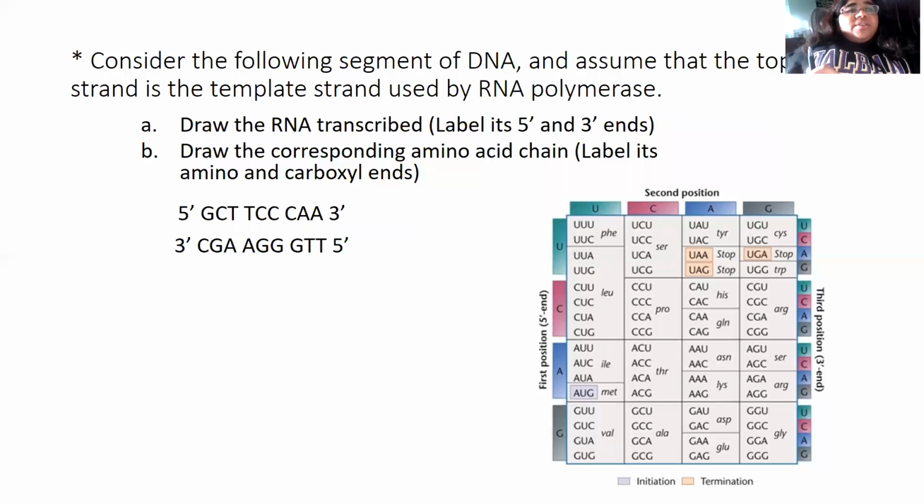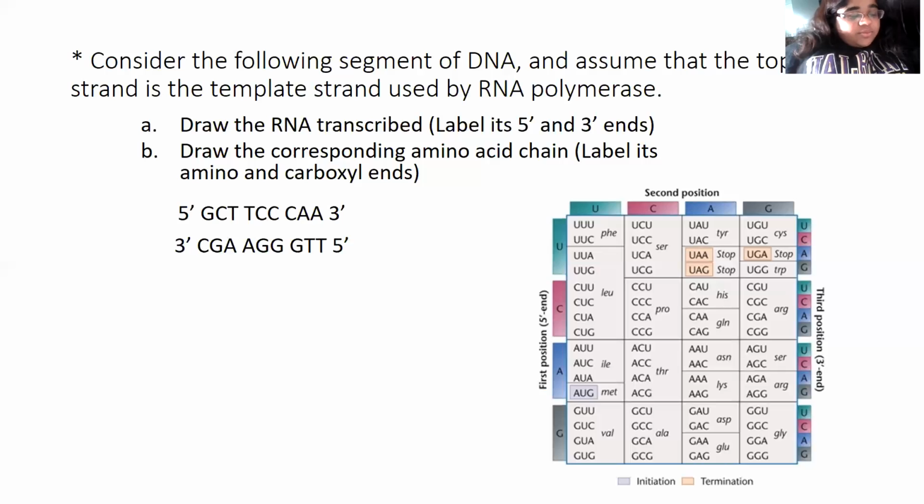So consider the following segment of DNA and assume the top strand is the template strand used by the RNA polymerase. Draw the RNA transcribed, draw the corresponding amino acid chain, and label its amino and carboxyl ends.